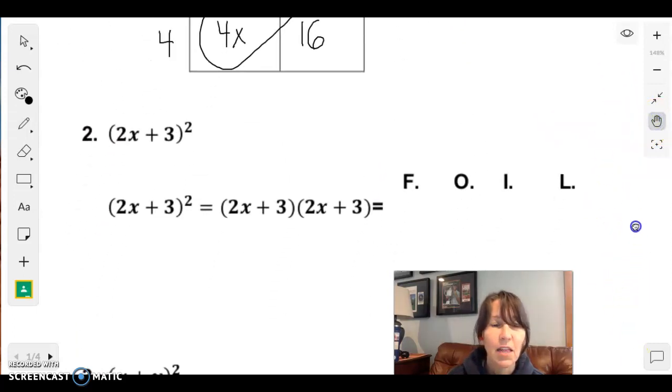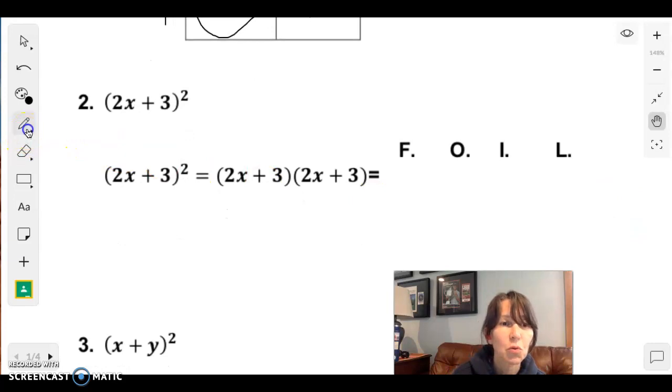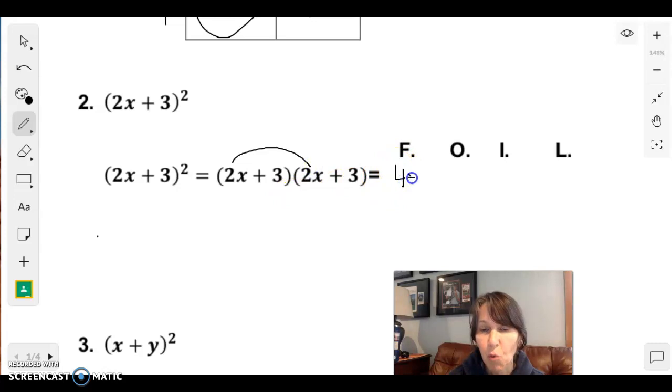All right. This one I set up to do by FOILing. So 2x plus 3, so we've got a sum that is squared, so square of a sum again. And if we multiply it out, our first product is 4x squared.